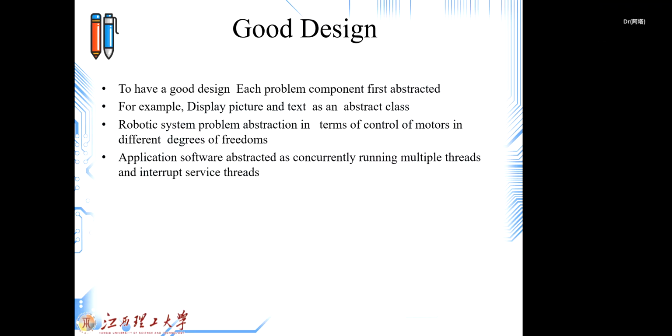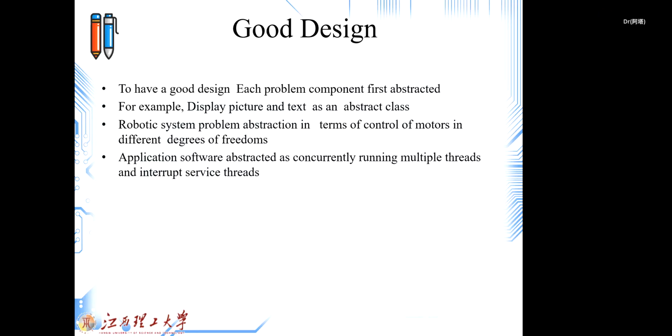Overall, to have a good design, each problem component should first be abstracted. If I want to wash properly, I should know some specific sensors that can check the output of my washing machine, and if the shirts are still dirty, the cycle should be run again.